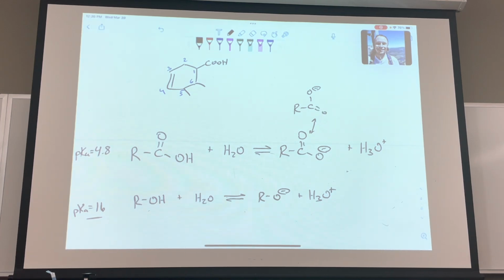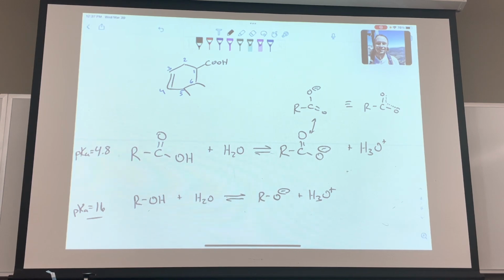So really, that negative charge is not on one oxygen or the other, right? It's actually spread through that 3-atom grouping, through the carboxyl group.